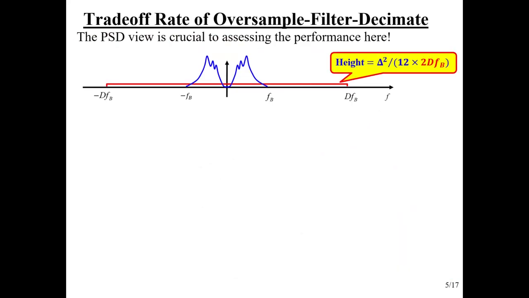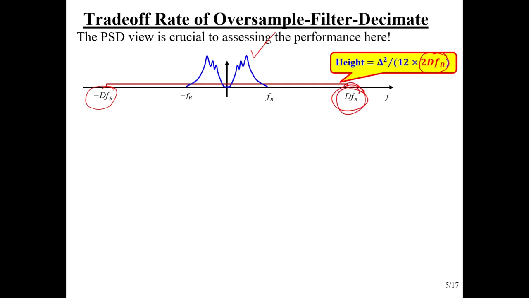So here's another picture showing that same shape that I started off with, not what the authors of the paper started off with. And now I've got the noise spread between minus DFB up to DFB. So, right, the FS is D times 2FB.